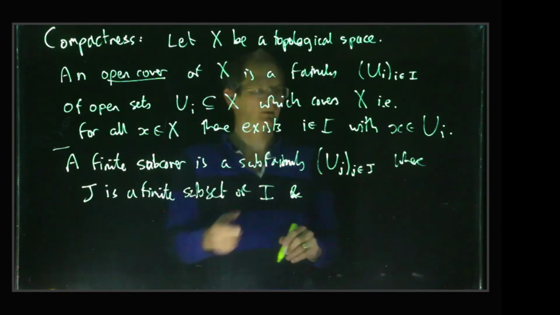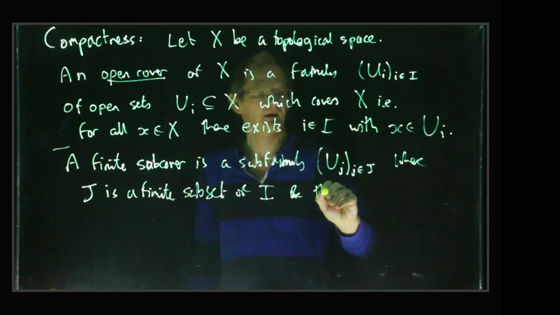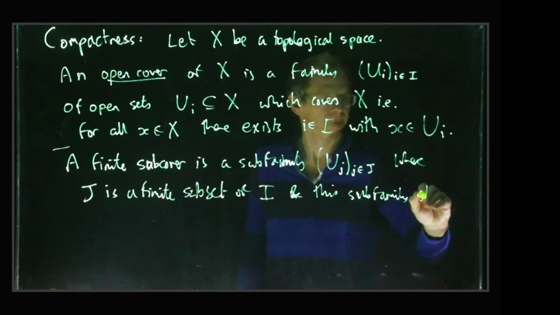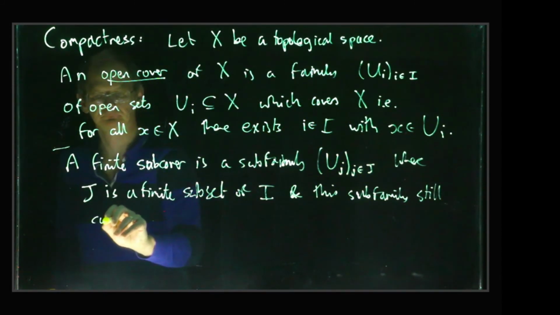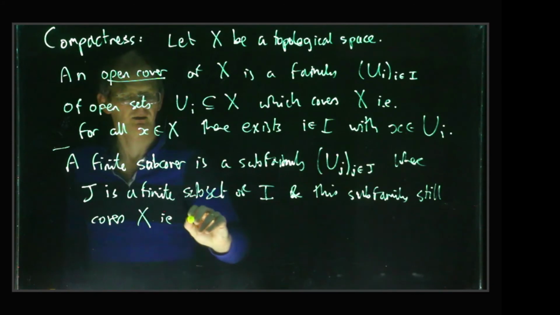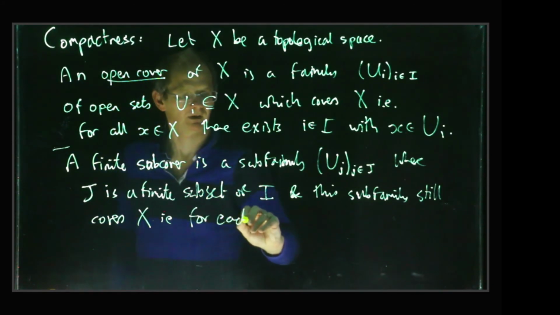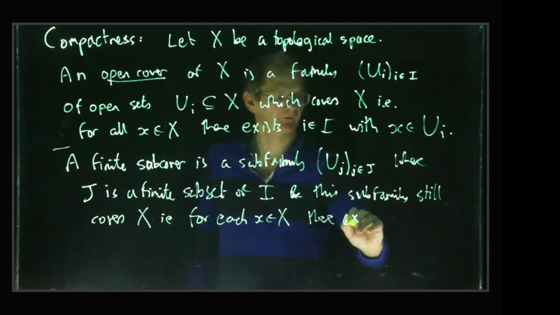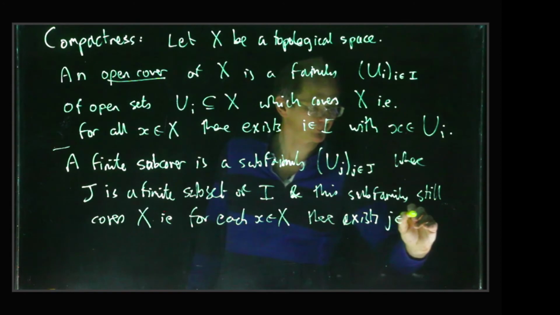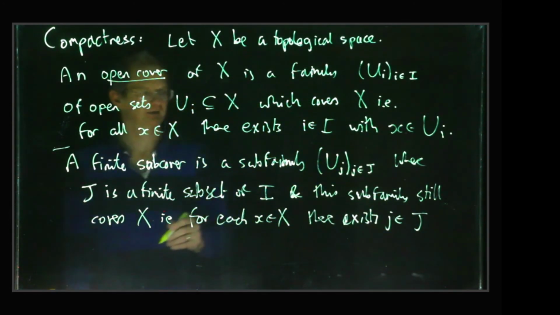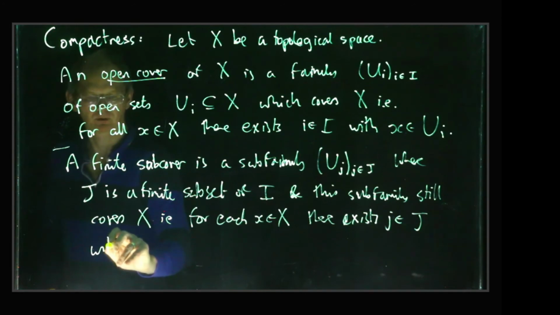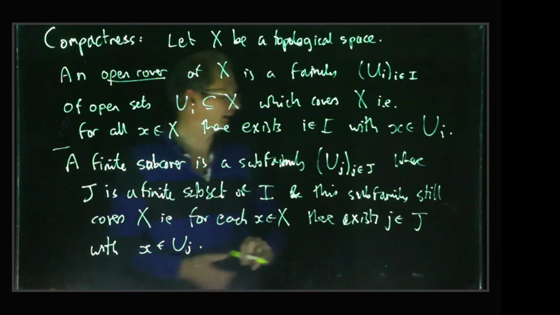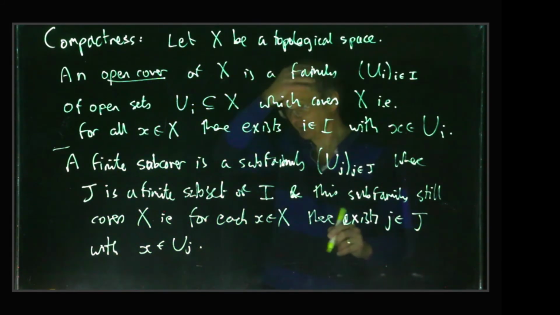This subfamily still covers, right? So again, for each point x in your space, there exists j in just one of these finitely many indices in capital J, with x lying in U_j. That's what we mean by an open cover and a finite subcover.